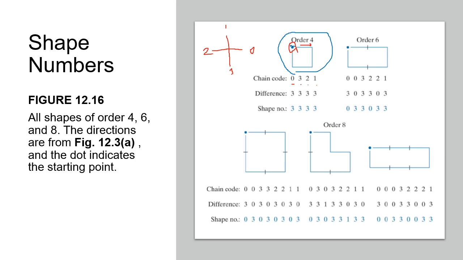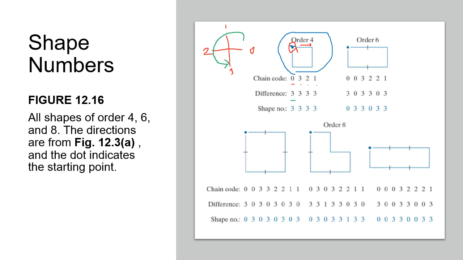The difference between 0 and 3 is calculated as starting from 0, and we are going towards number 3 in the anti-clockwise or counterclockwise direction. So we pass through number 1, 2, and 3, and so the difference is 3.